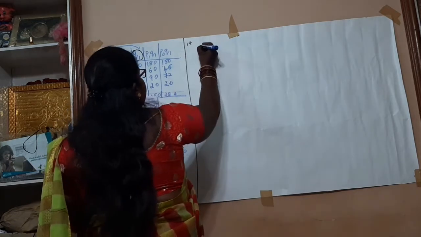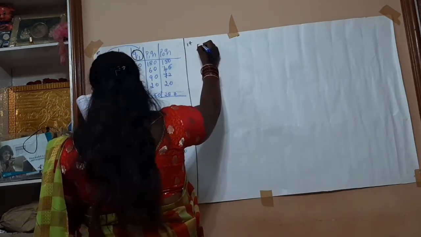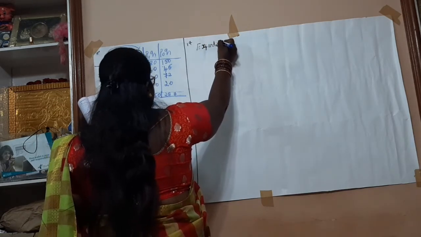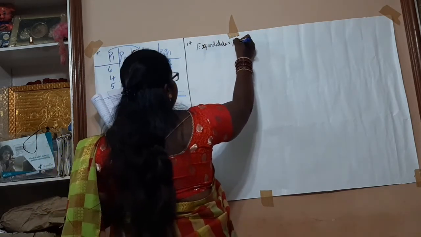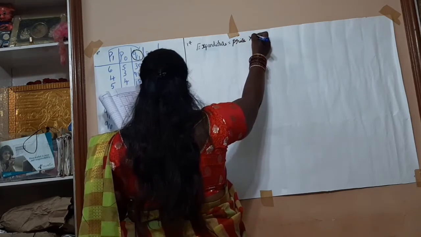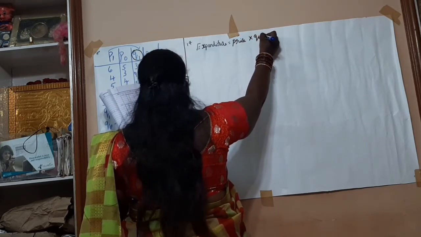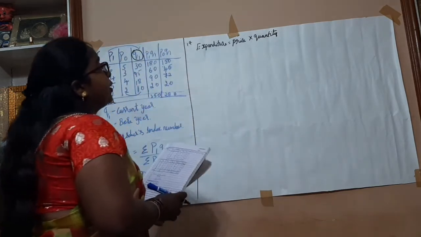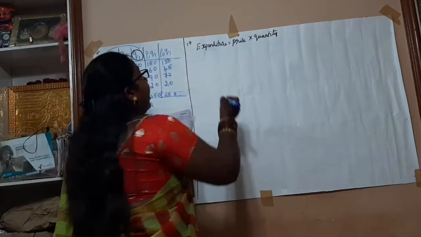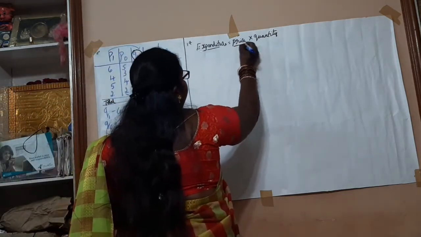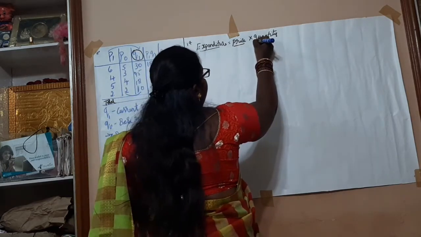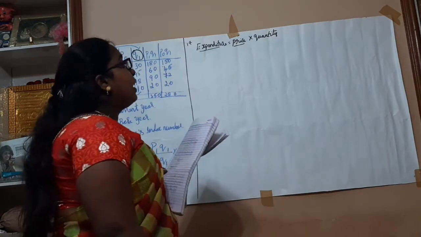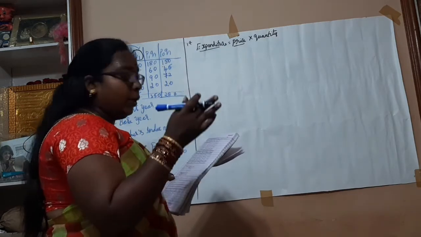So here, first we will write: expenditure is equal to price into quantity. We have here expenditure and price. We need to find out quantities. Then Q will come to this other side and expenditure to the other side, and you will be dividing.